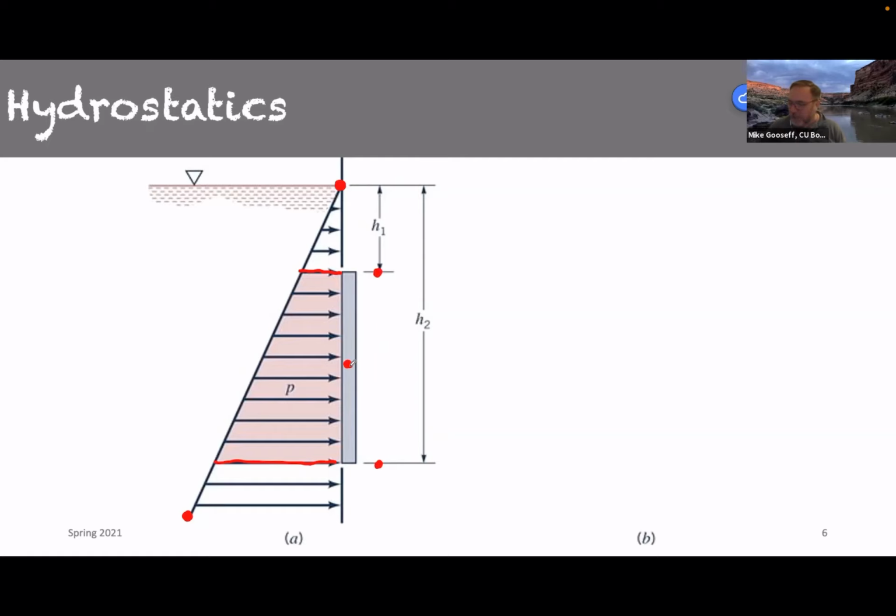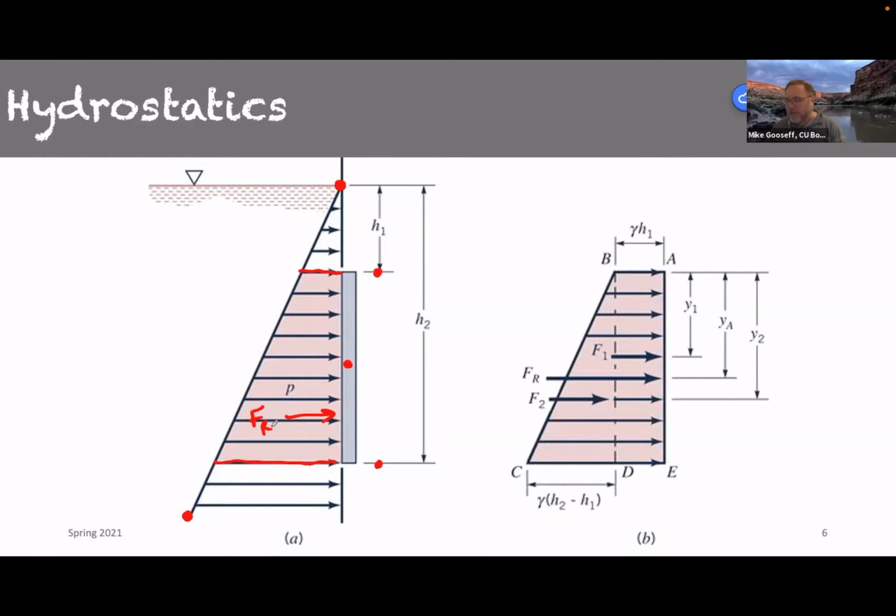And it turns out that, of course, F sub R would act a little bit deeper than the centroid, right? Now, on the other hand, if we look at the pressure prism approach to it, we can also just calculate these areas, right?